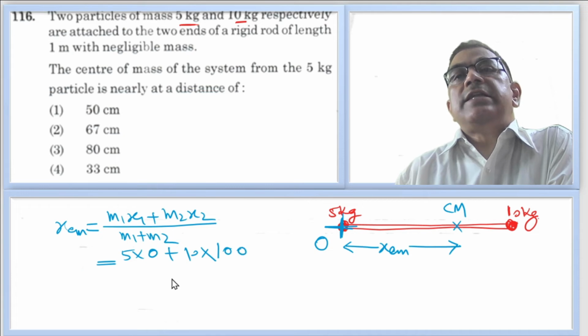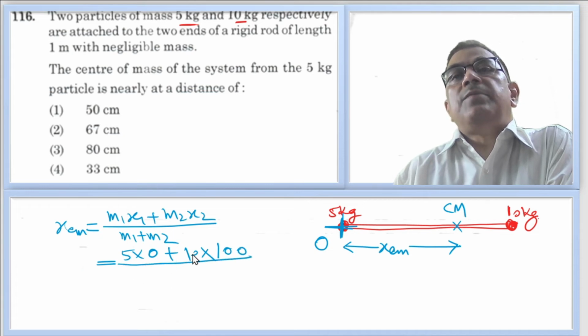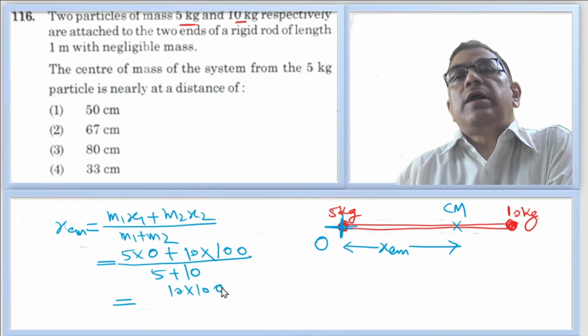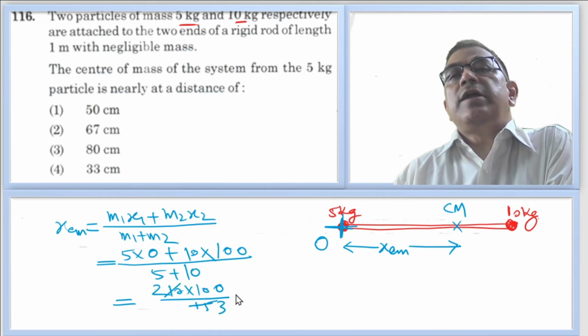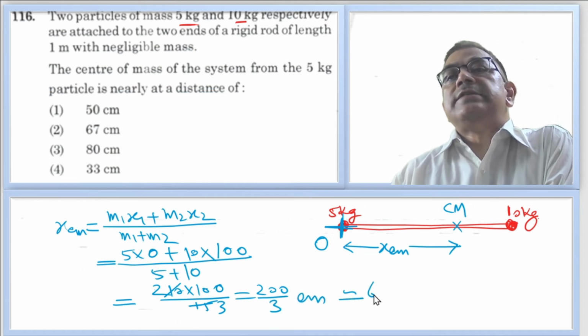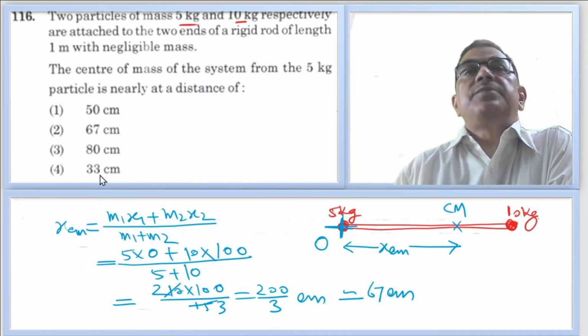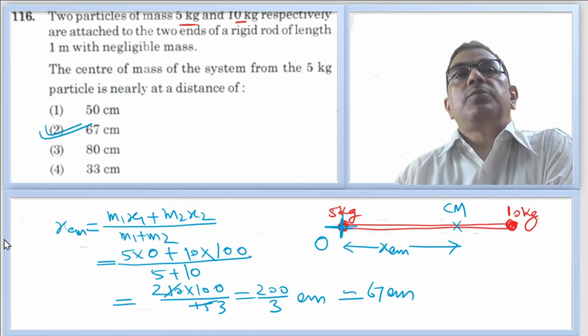Let's write in centimeters, divided by 5 plus 10. So that becomes 1000 divided by 15, which is 200 by 3 centimeters, approximately 67 centimeters. So this is the correct option.